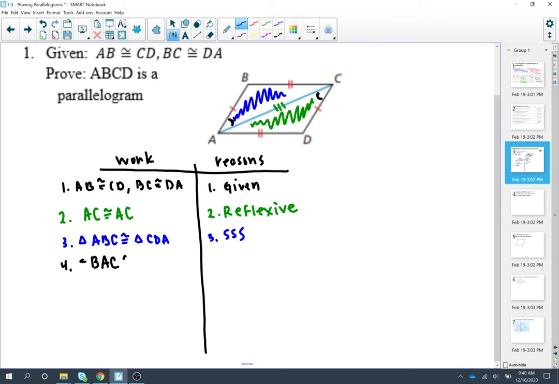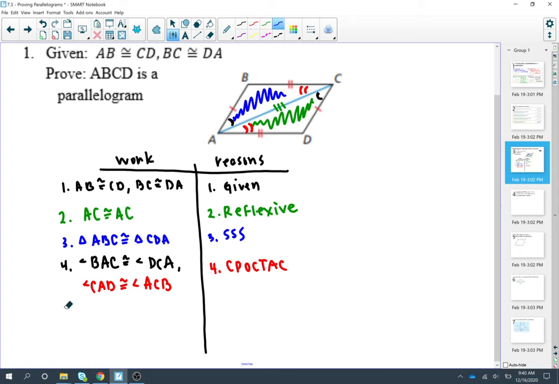BAC is congruent to angle DCA, comma, and then I'm also going to point out this guy and this guy. So that's going to be angle CAD is congruent to angle ACB. And the reason I can say that is because corresponding parts of congruent triangles are congruent.